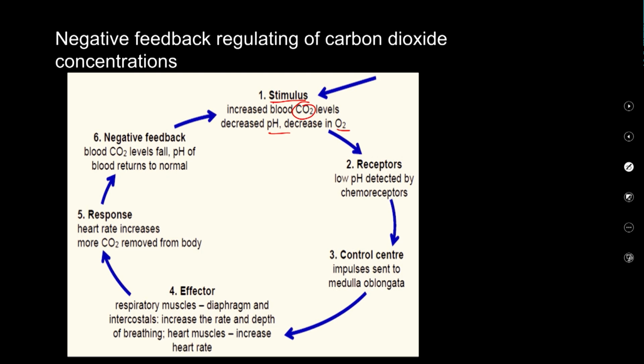So what will happen? The receptors will detect. Then low pH is detected by chemoreceptors. Remember the levels. Then the control center: impulses will be sent to the medulla oblongata.